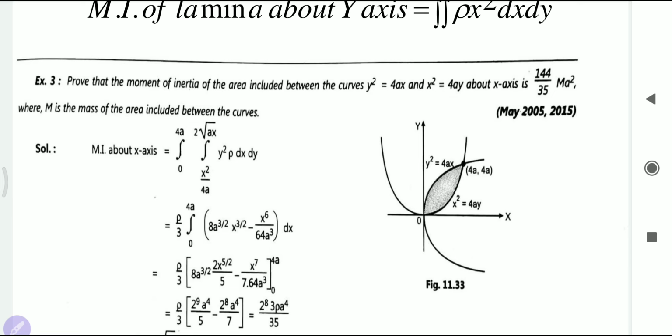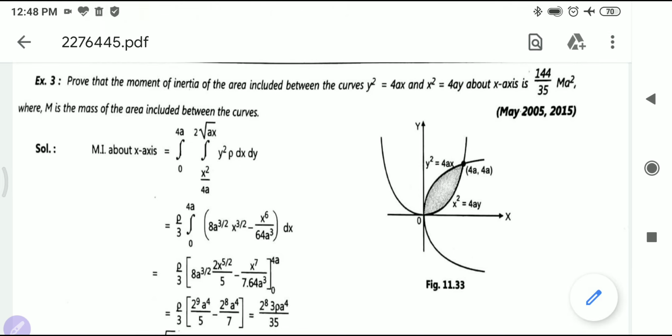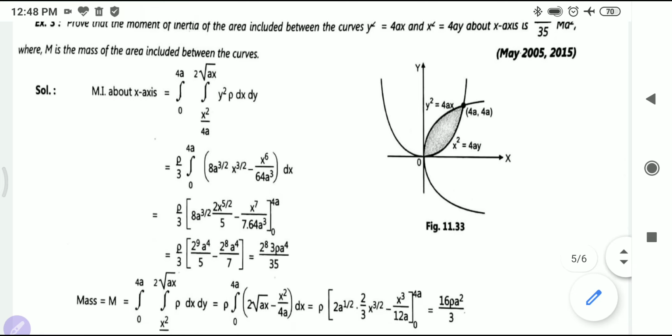Now again, by the formula, the moment of inertia is double integration y square rho dx dy. So here that p distance is nothing but your y. So you are going to have something like this. To get the limits, we have to draw a strip parallel to y-axis. The limits of y and x you will get, and then we are supposed to integrate this thing.